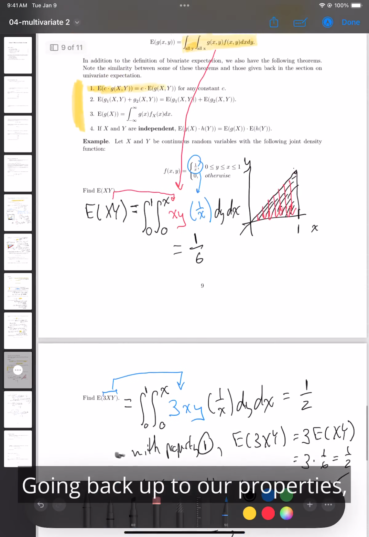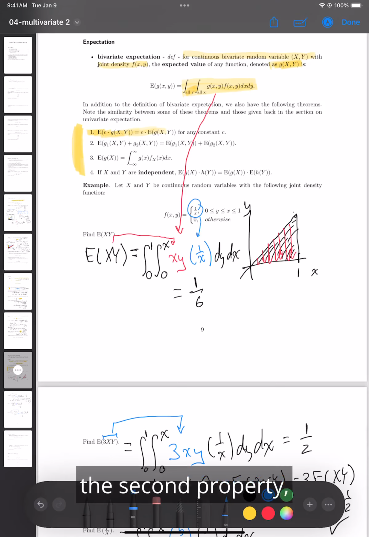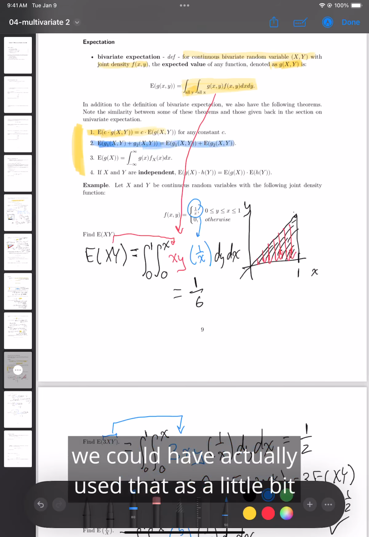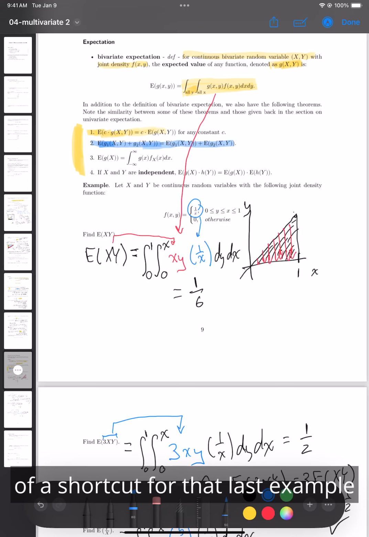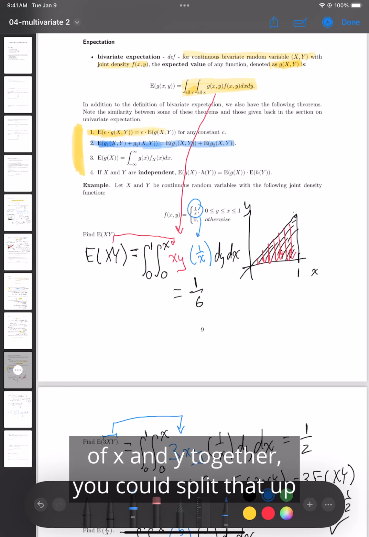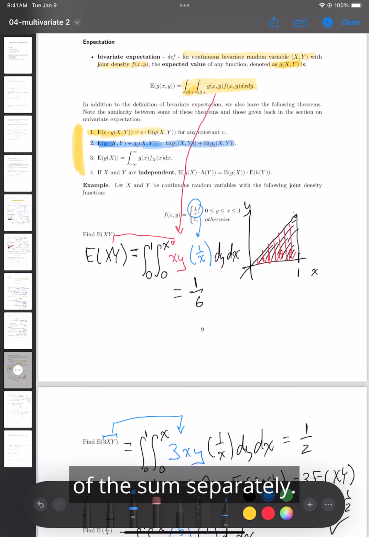Going back up to our properties, this second property we could have actually used as a little bit of a shortcut for that last example. It says the expectation of adding two different functions of X and Y together, you could split that up and find the expectation of each component of the sum separately.